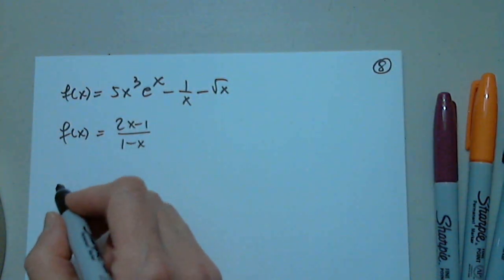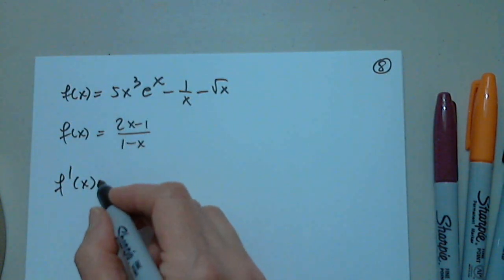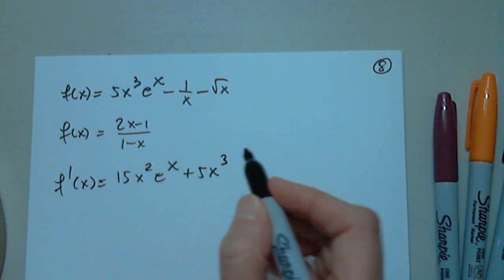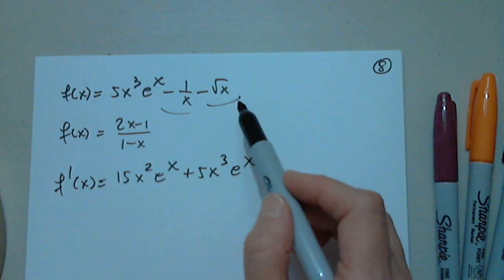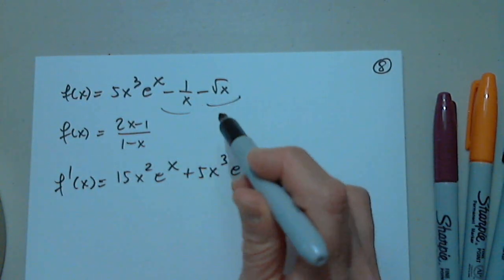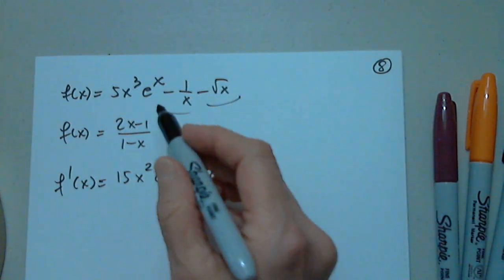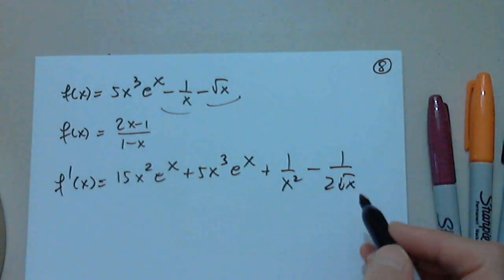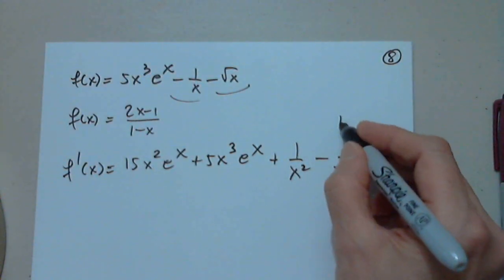So f prime of x, first of all here, this is a product, so I have 15x squared e to the x plus 5x cubed e to the x. These are two of the most important functions that we need to remember how to differentiate. When I differentiate 1 over x, I get negative 1 over x squared with minus in front. And this is minus 1 over 2 the square root of x. So I'm thinking that this should have taken 1 minute.